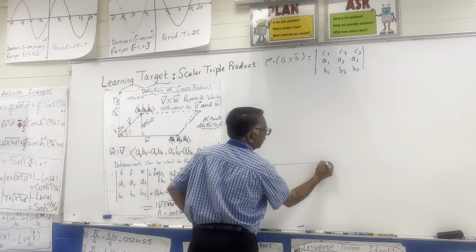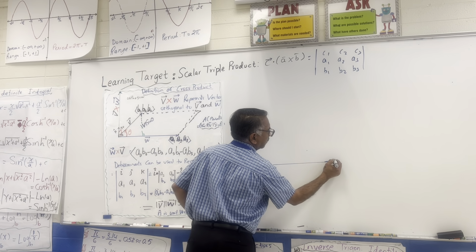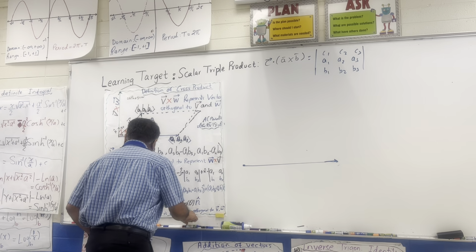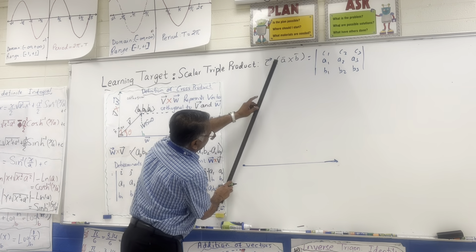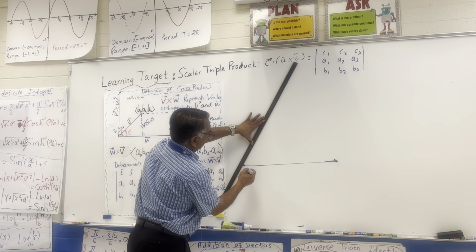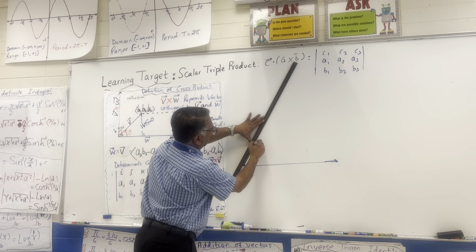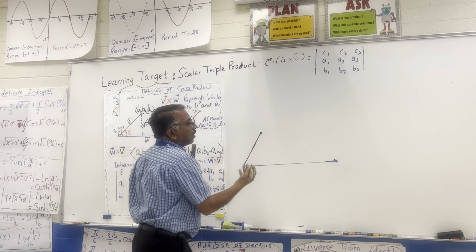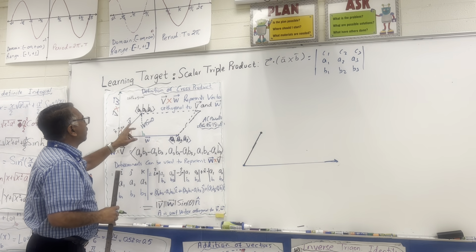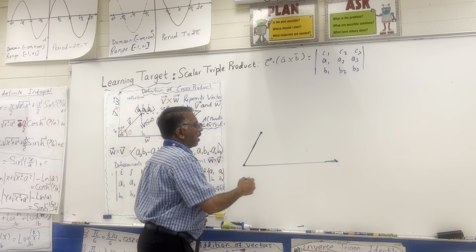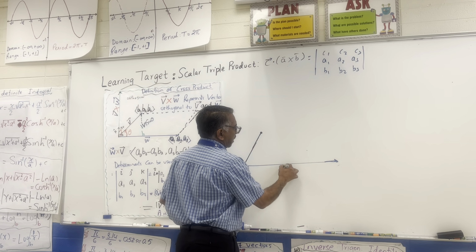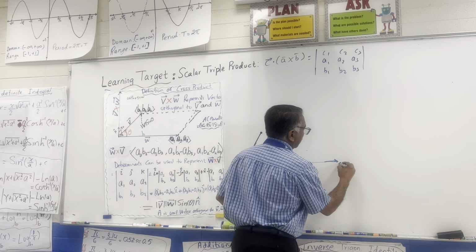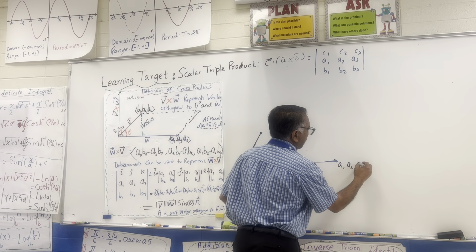So this is the vector, and then the black vector. Now this time instead of W and B, I'm going to call it B. So I'll call this vector A. So now this vector is A. So this is A1, A2, and A3.